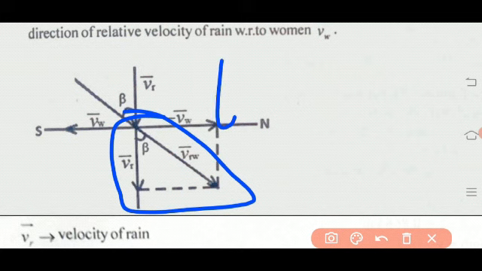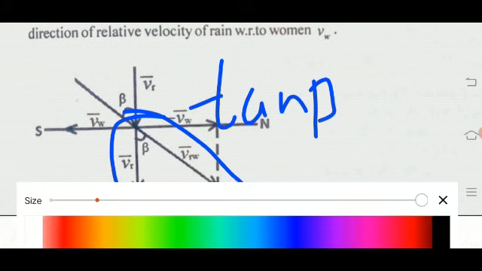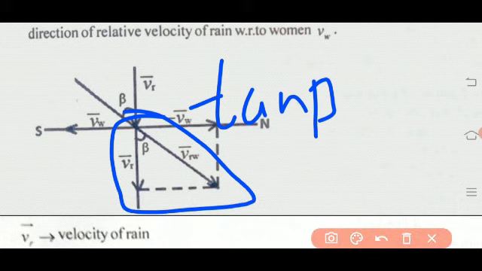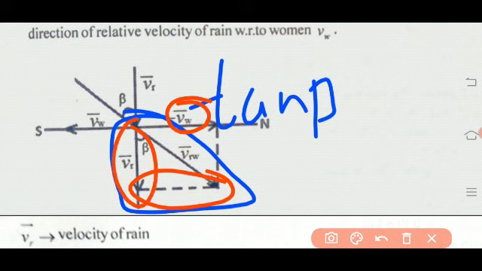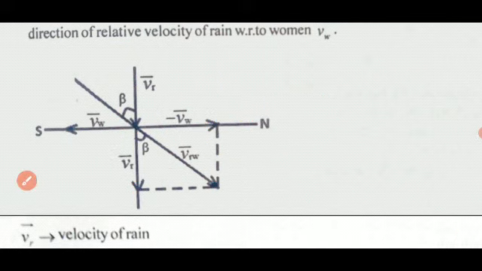So what is tan beta? In this diagram, the opposite side is VW, and the adjacent is VR. So using that we can find the angle.